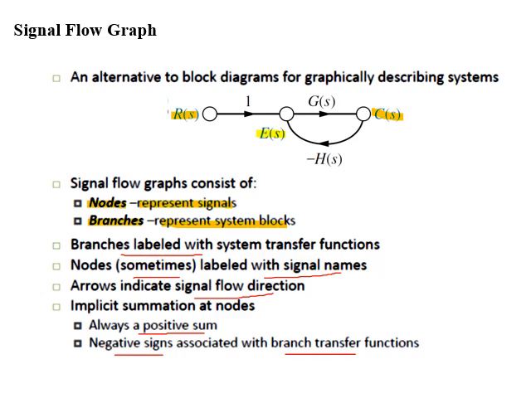Another node we have is E of S, which is error. In this node, we have two branches entering, one with positive sign and another with negative sign. So in calculations, you have to consider the branch gain signs, and this node also acts as a summing junction.